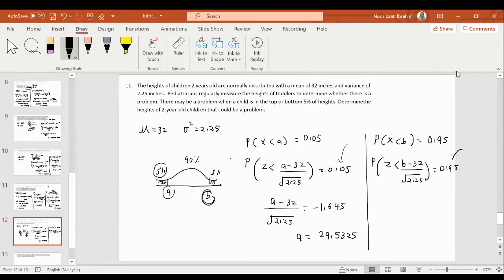From the table, the Z for the probability of 0.95 is 1.645. Then B minus 32 divided by square root of 2.25 equals 1.645. And the final answer, the B will be 34.4675. That is the A and the B.